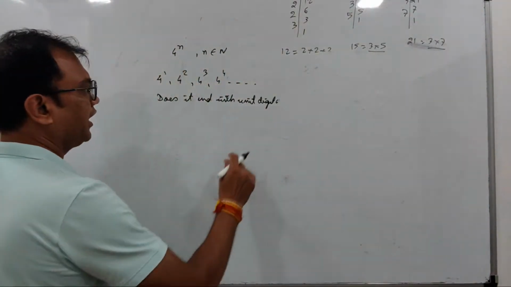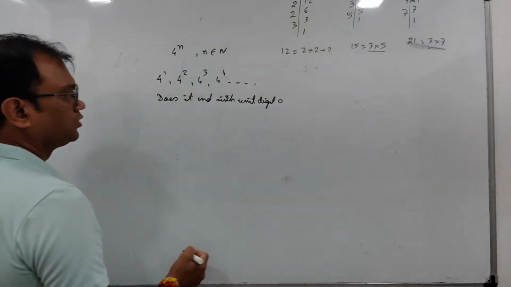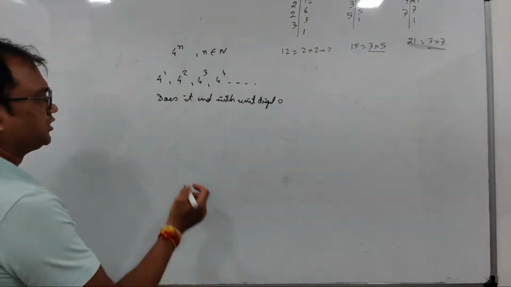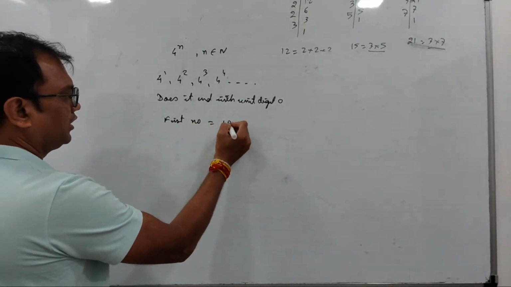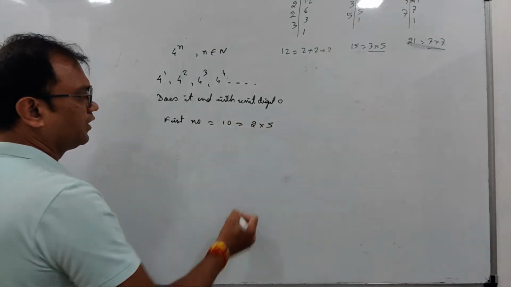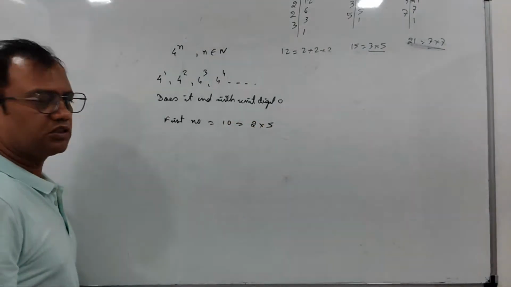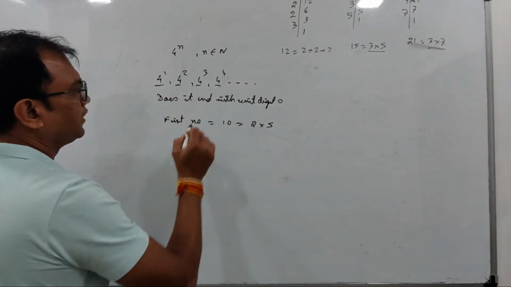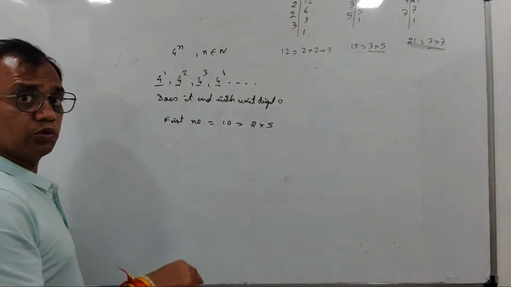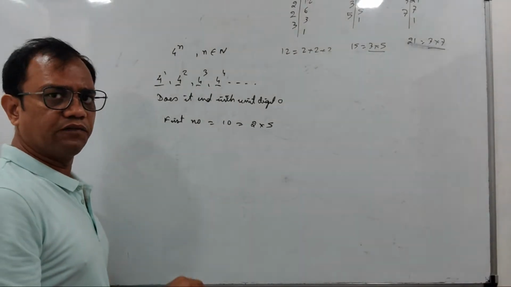When does any number end with unit digit 0? The first number with unit digit 0 is 10. The factors of 10 are 2 and 5. So it's necessary that the factors of these numbers must be 2 and 5, both, not only 2, not only 5.